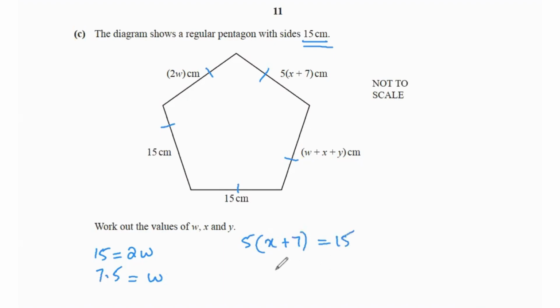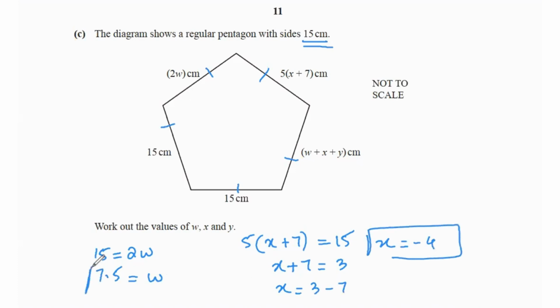Then 5 times (X plus 7) equals 15. So 15 divided by 5 is 3. And X equals 3 minus 7, which is negative 4. So now, W plus negative 4 plus 7.5 equals 15.